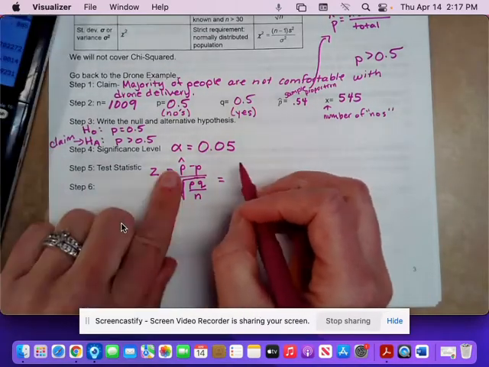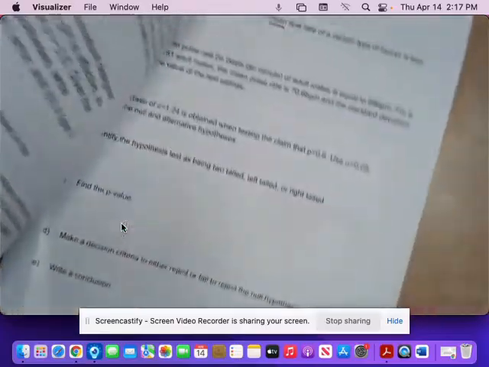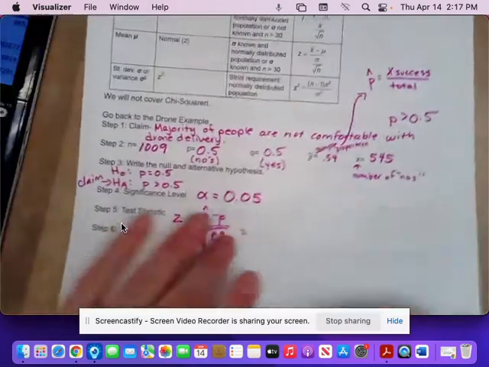So our p hat was, let's see, how many did they say? 545? Yeah, 545 over 1,009.